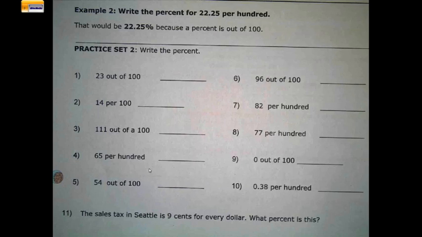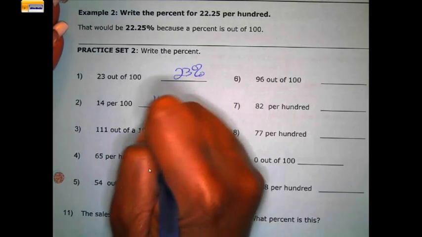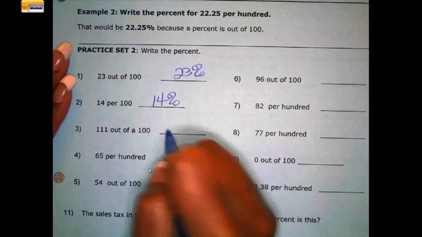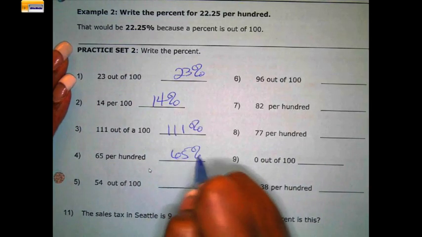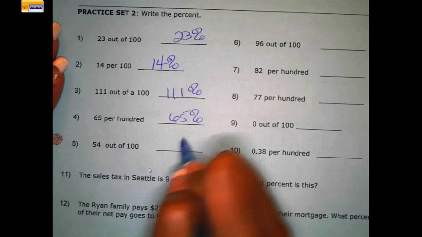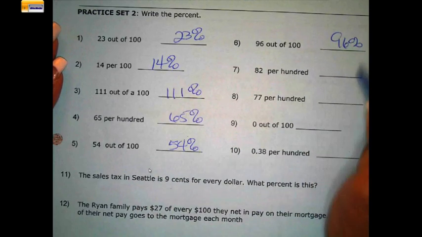What's the answer to number 1? Number 2. Number 3. Number 4. Number 5. Number 6. Number 7 was what?